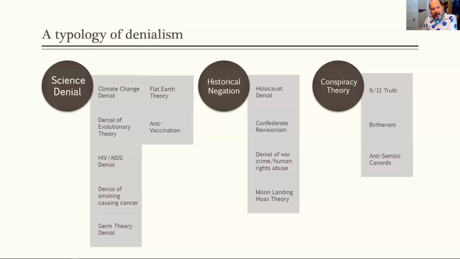HIV/AIDS denial, right? They engage in conspiracy theories about big pharmaceutical companies wanting to sell their antiretrovirals. Denial that smoking causes cancer. They say these big tobacco companies, their enemies just want to put them out of business or something like that.